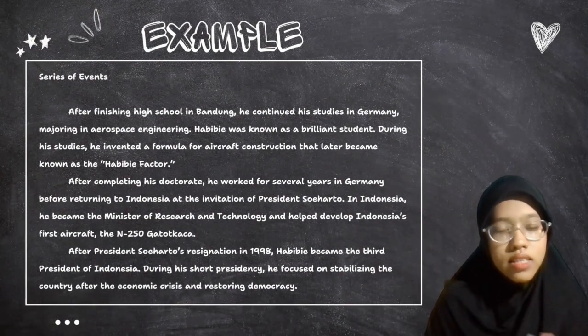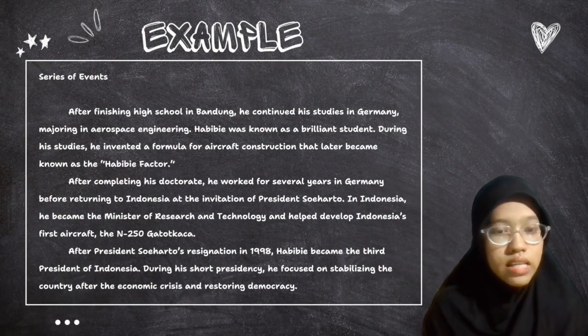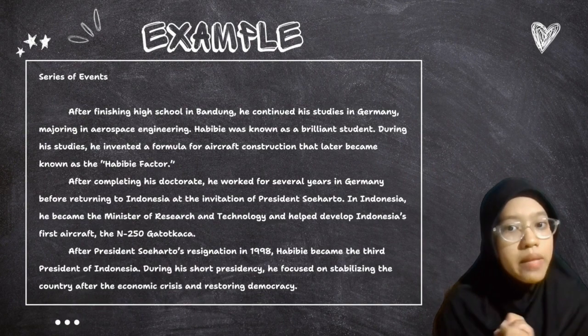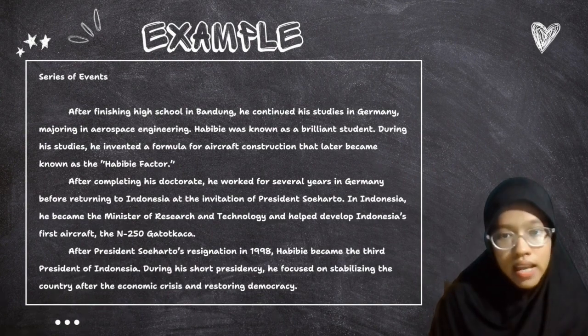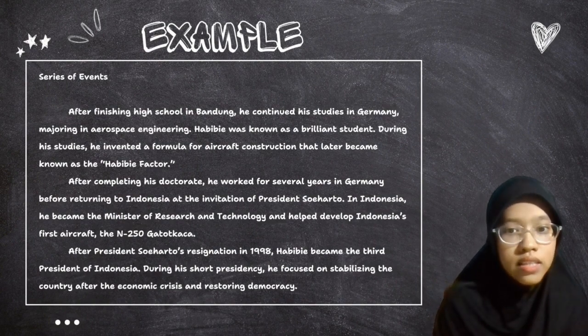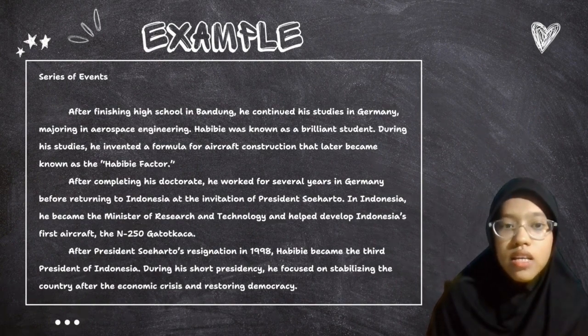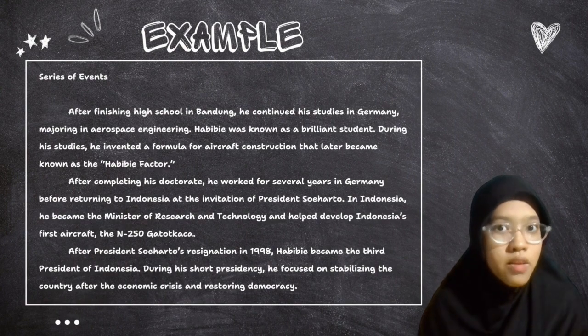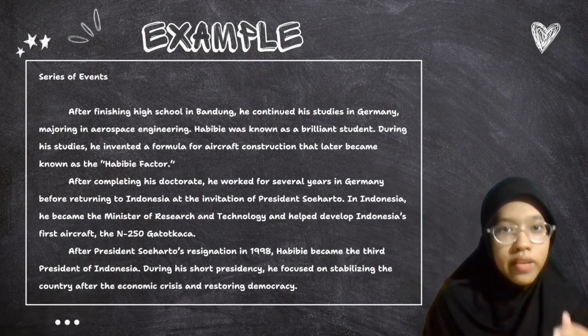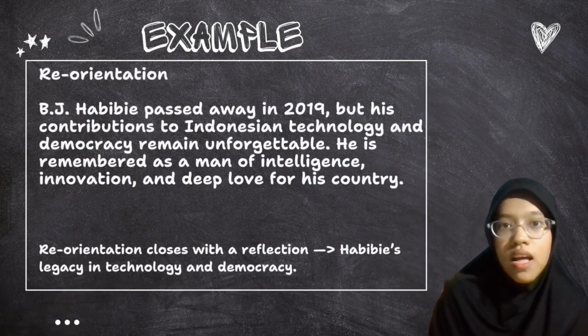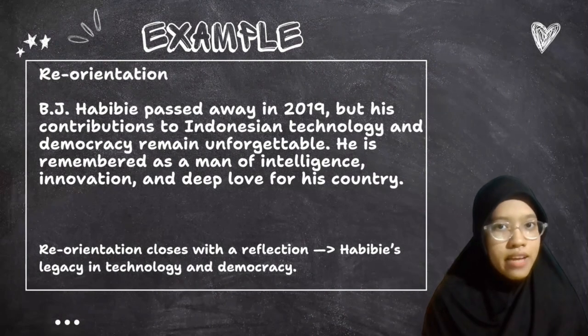Okay, the next paragraph, the next sentence is about after finishing high school in Bandung until after President Suharto's resignation in 1998. This is the series of events part of the structure because it tells the sequence of what happened in B.J. Habibie's life.